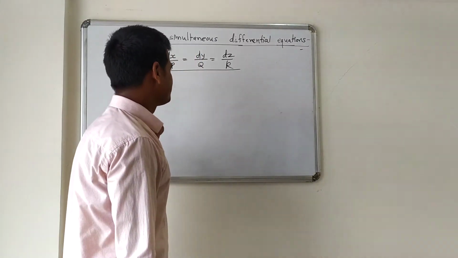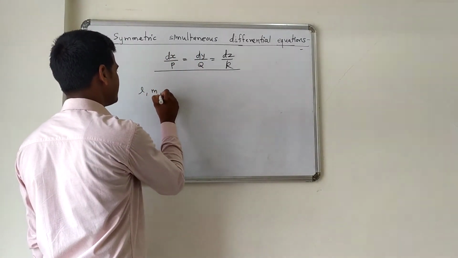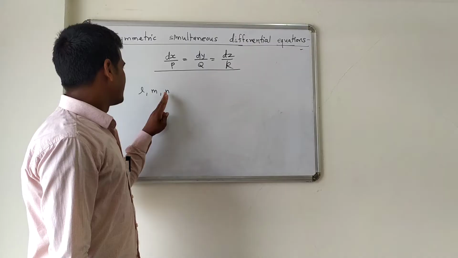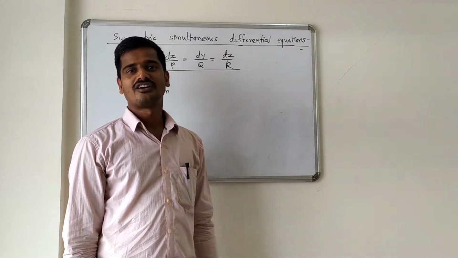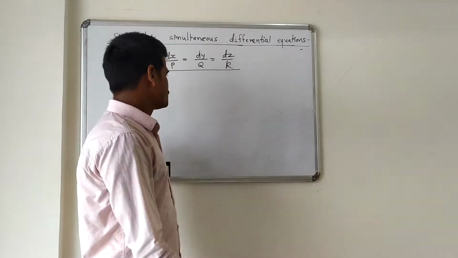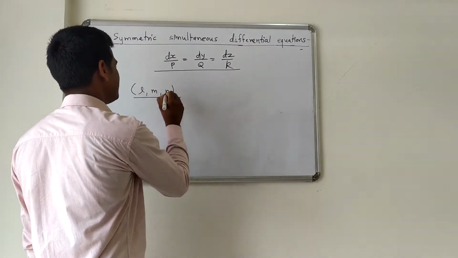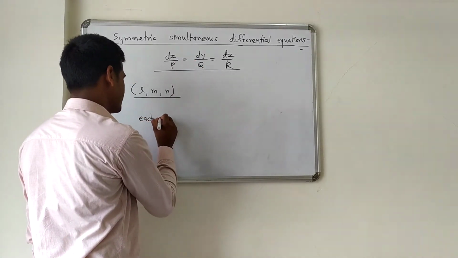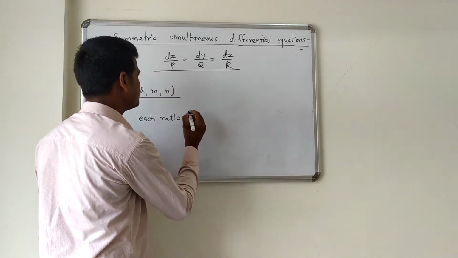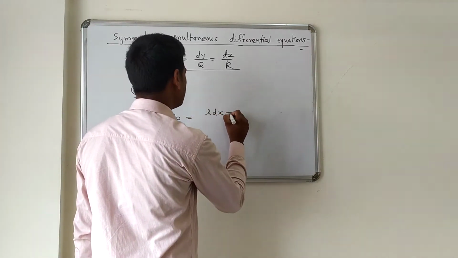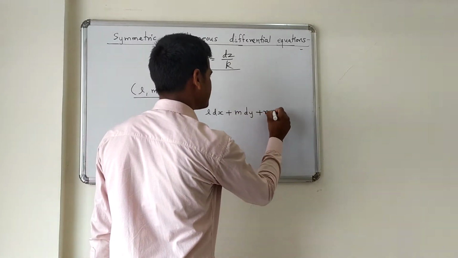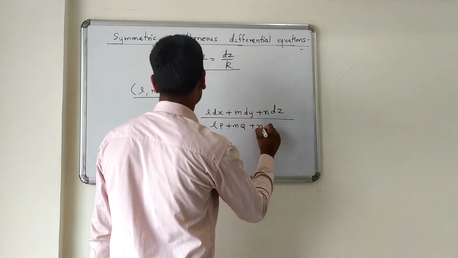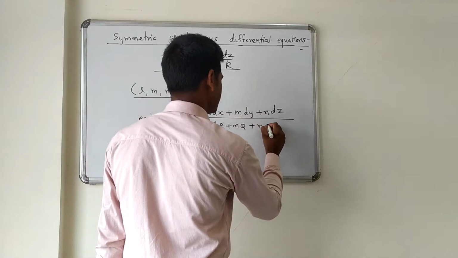In the method of multipliers, you have to choose the multipliers, let us call them L, M, N. Here L, M, N are either constants or functions of x, y, z. So choose the set of multipliers L, M, N such that the value of each ratio is equal to L dx plus M dy plus N dz upon LP plus MQ plus NR.